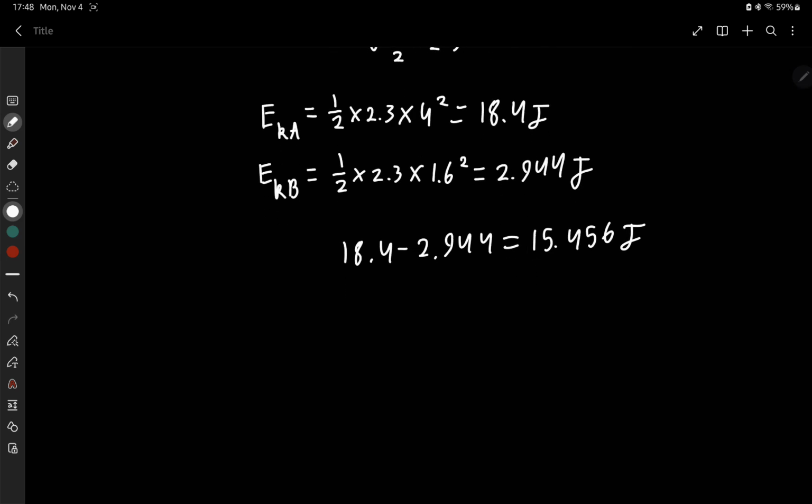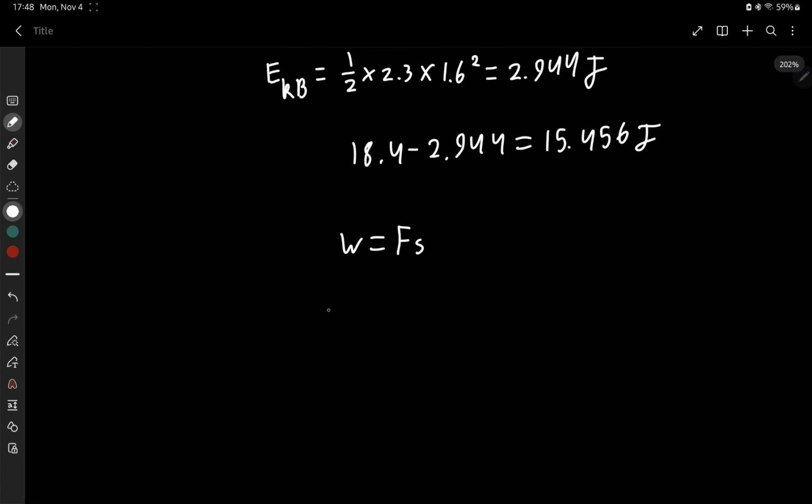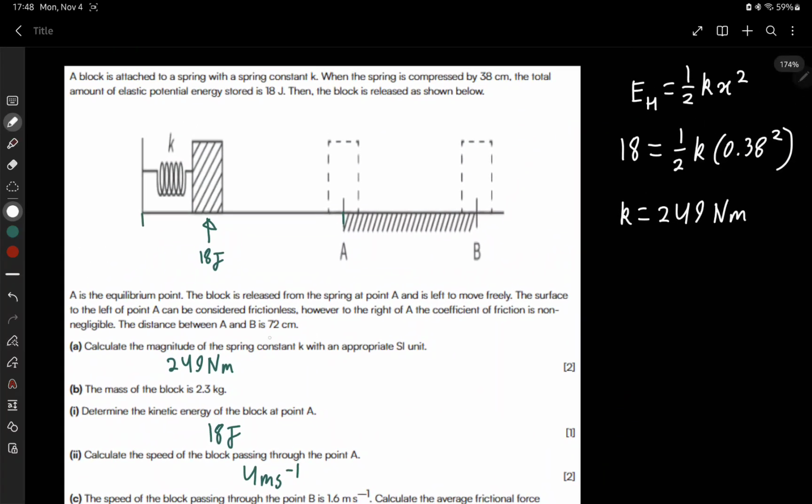And so what we can do now is use work equals force times displacement. We know the work is 15.456, and we don't know the force, but we know the displacement is 0.72, because the distance from point A to B is 72 centimeters.